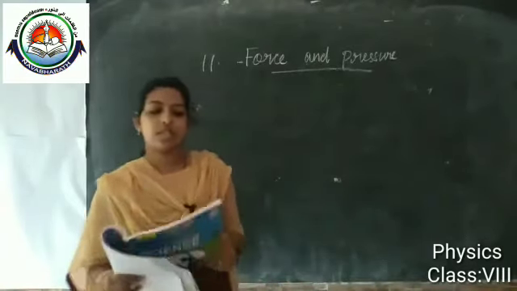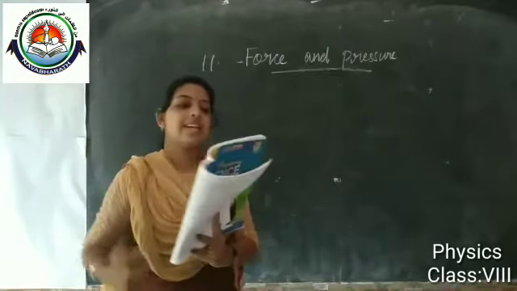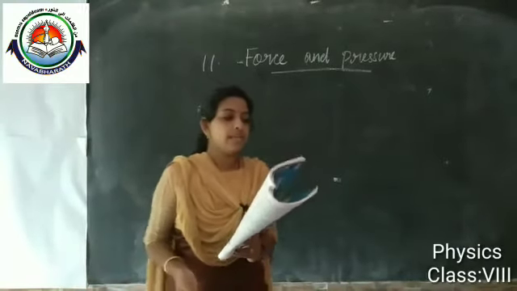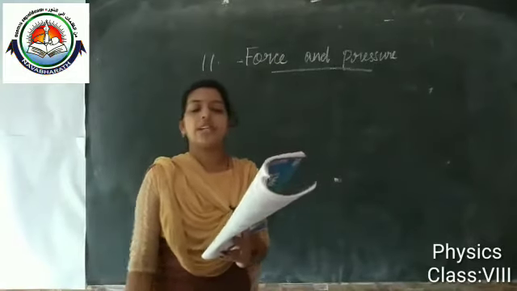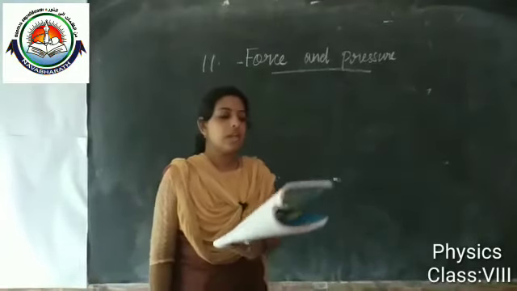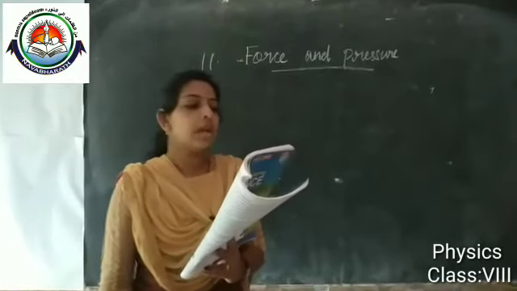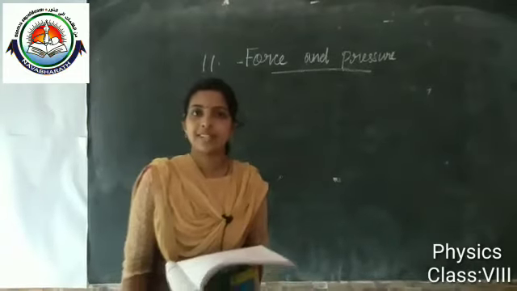Our first part of the exercise is tick the correct answer, tick the correct options. First one, which of the following is or are the effect of force? Here options are given. Option A, motion in stationary object. Is this an effect of force?